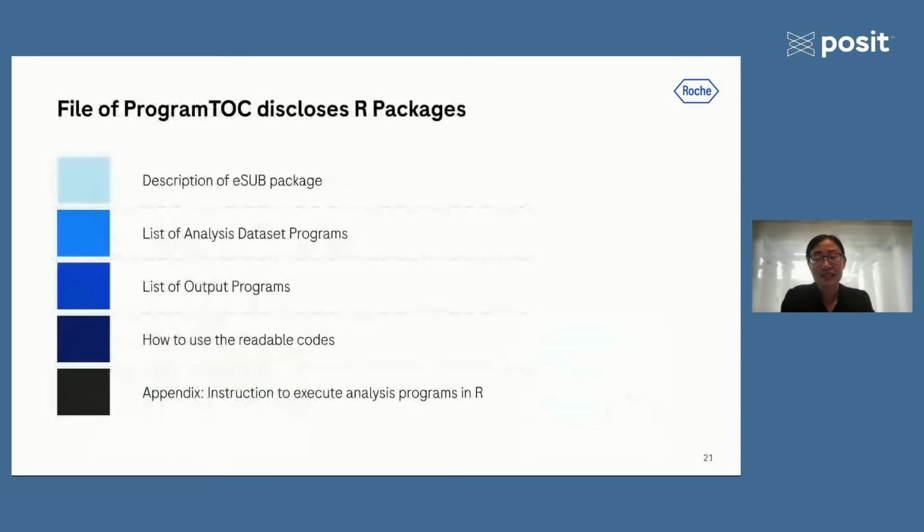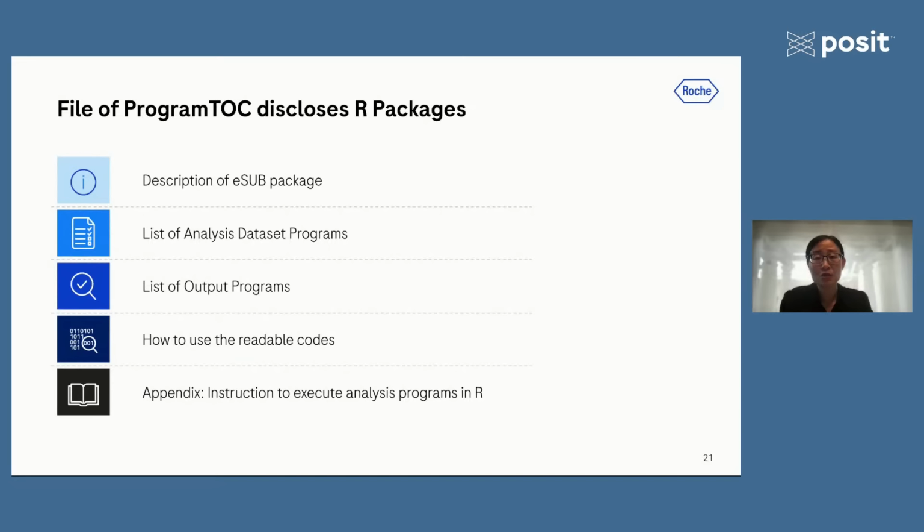Now, let's take a look at how we construct the document of the Program TOC to include the R information as a disclosure. As the structure shown on the slide, the description of the eSub package provides the general information about our study and about our eSub package. Then the list of the analysis dataset programs and the output programs lists the names of the variables or the datasets for the analysis.